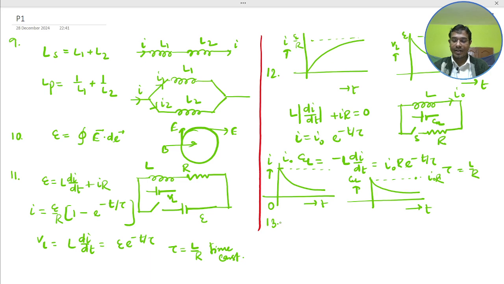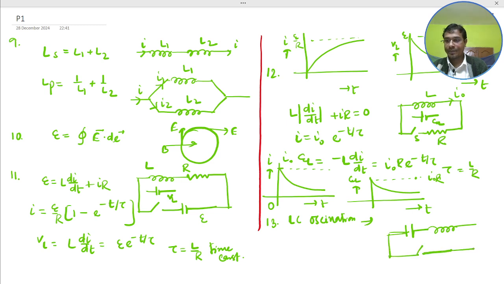And next one, the LC circuit, basically LC oscillation. For LC oscillation, here is a capacitor C with L. This is C and the L, plus Q minus Q. So this energy is constant.